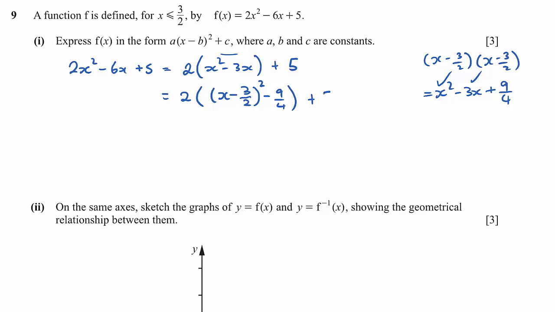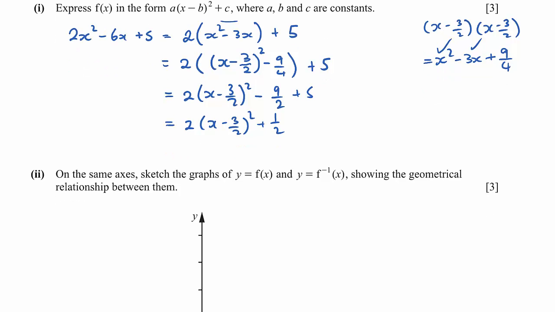And don't forget that plus 5 is still sitting there. And so we have twice x minus 3 over 2 squared. I'm just expanding the bracket now. Take away 9 over 2, add 5, and remember 9 over 2 is 4.5, so that's twice x minus 3 over 2 squared plus a half when I put these two things together.